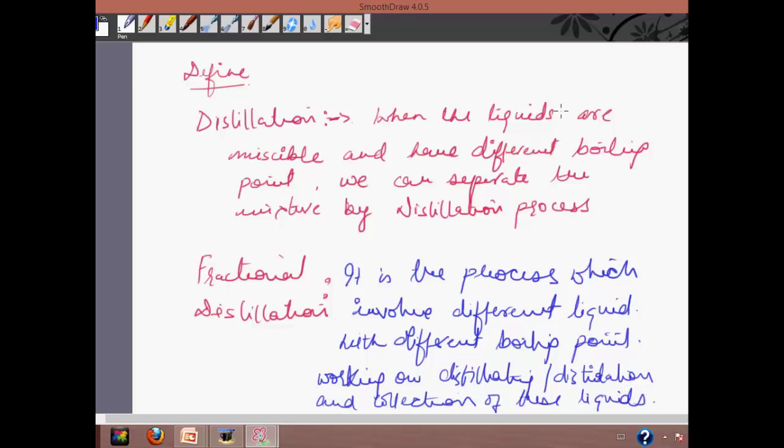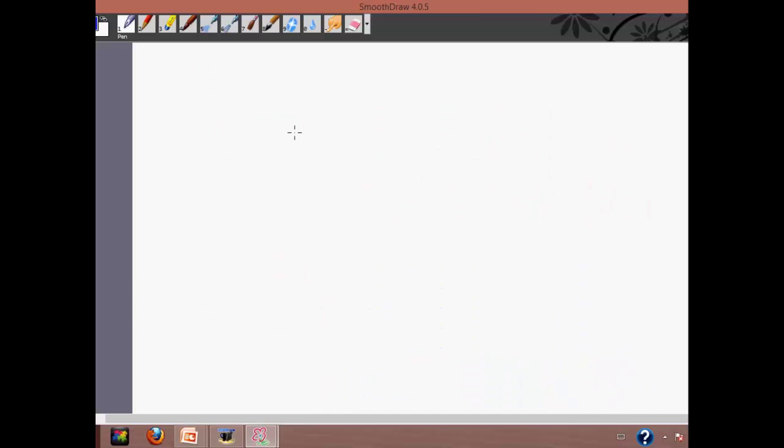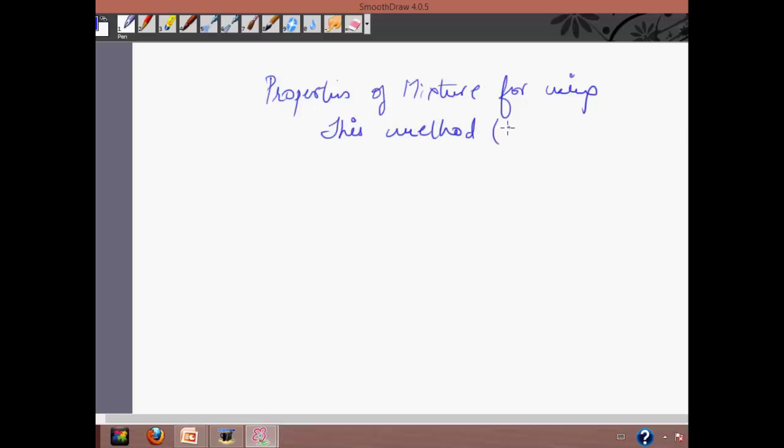Right? And what are the properties we use to separate these liquids? Properties of the mixture for using this separating method.